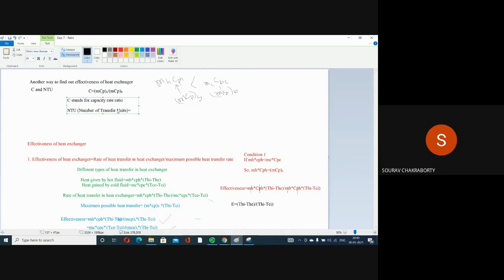So it will be U into A, U stands for overall heat transfer coefficient, divided by MCPS.